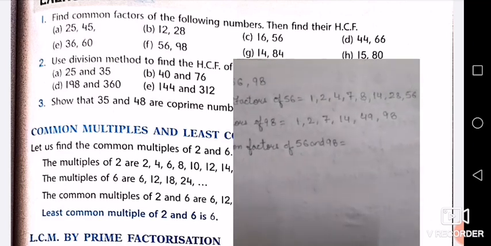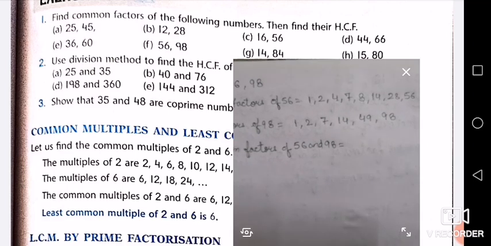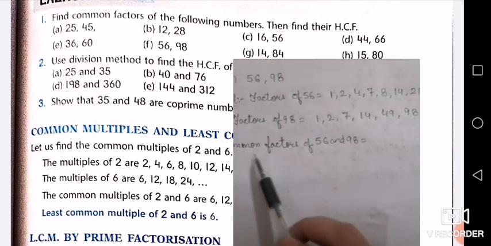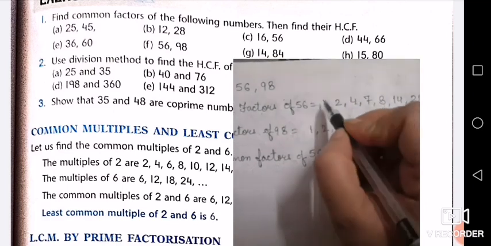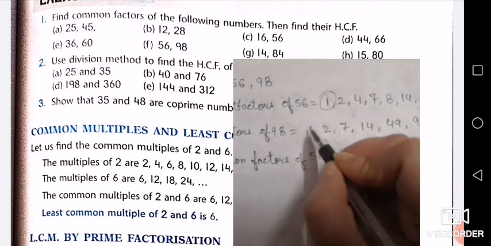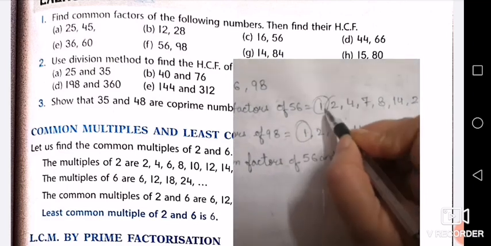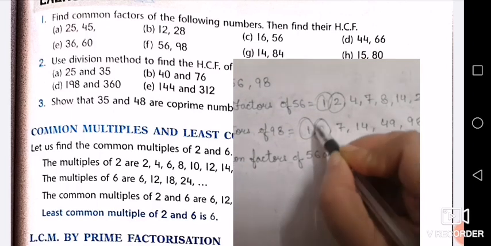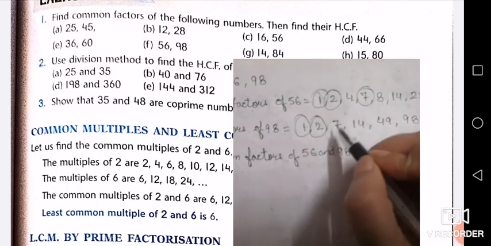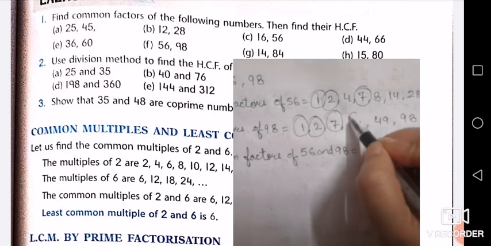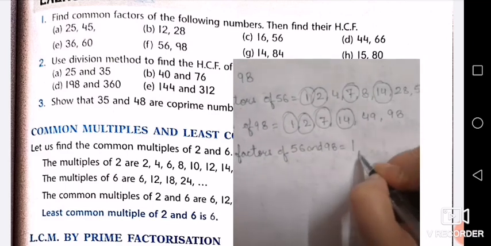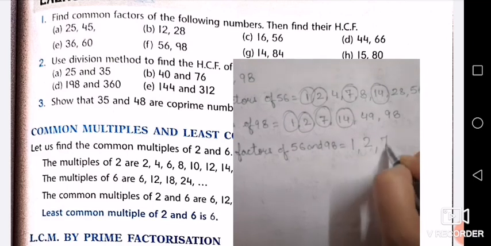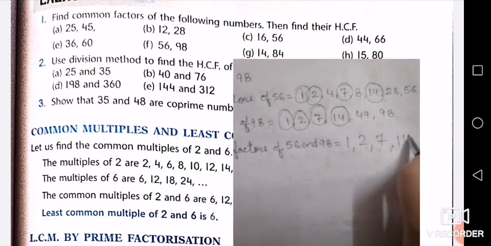The next step is to find the common factors of 56 and 98. What are the common factors? 1, 2, 7 and lastly 14.